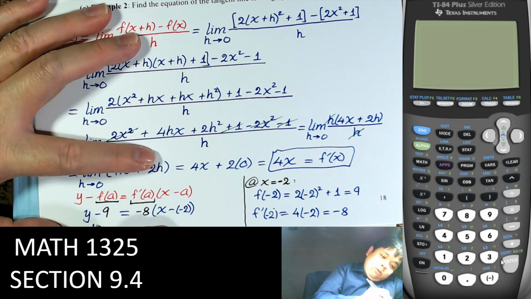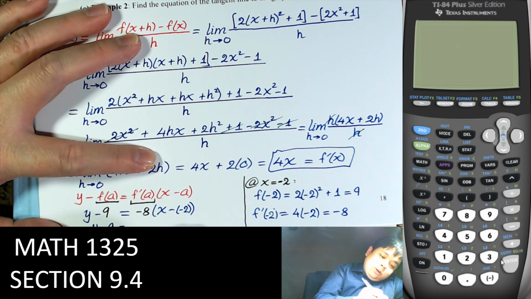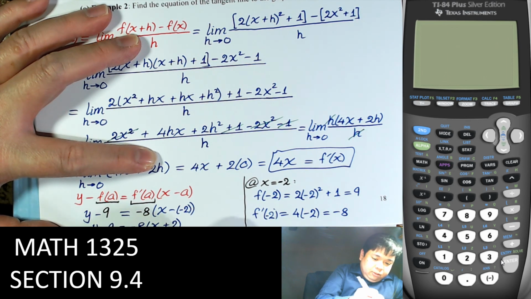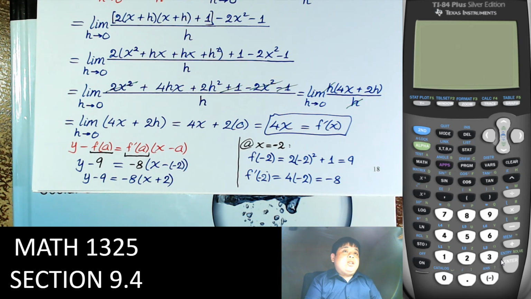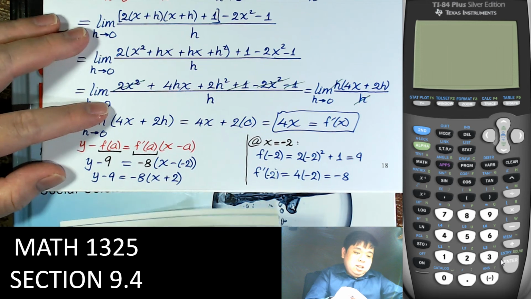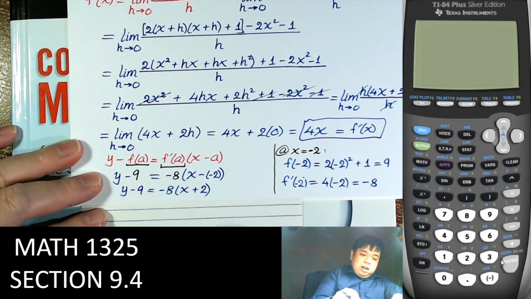So that gives us y minus 9 equal to -8 times x plus 2. Right, so that is the equation of the tangent line. If you want to simplify that, that's perfectly fine. Just multiply it out.